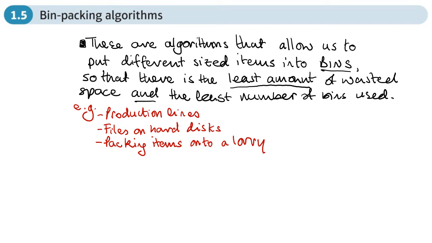Now, when we do these types of problems, we want to know whether we've actually got the most efficient solution. Have we got the least number of bins? So we want to know something called the lower bound. Now, the lower bound will be the least number of bins that this problem could actually be solved with, although that may not necessarily be a solution. So I'll just write that down.